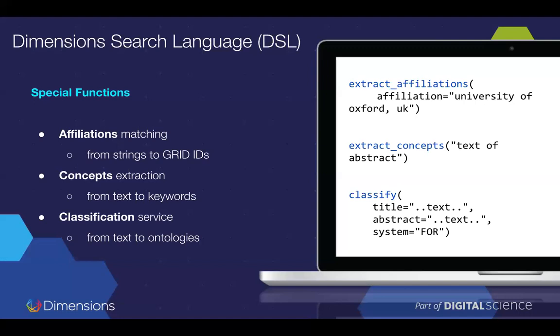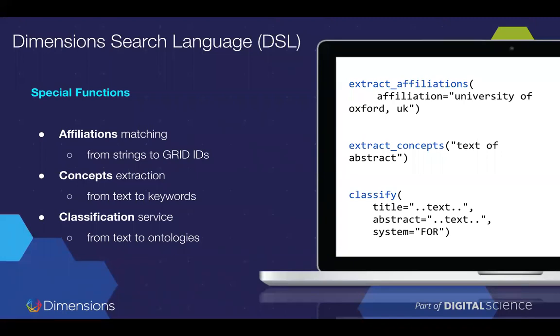Of course, when we get information about affiliations we find in publications and other documents, we don't necessarily find a grid ID associated to these. So we developed a process for matching automatically an affiliation string to a grid identifier. So by using the extract affiliation function, you can actually take advantage of that same feature we use internally.